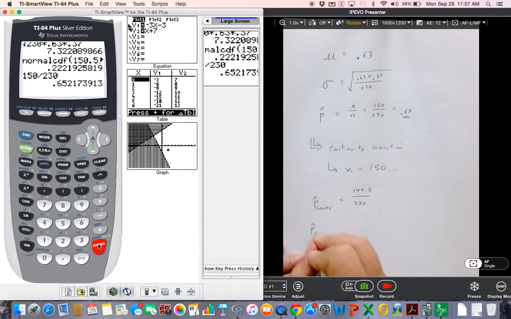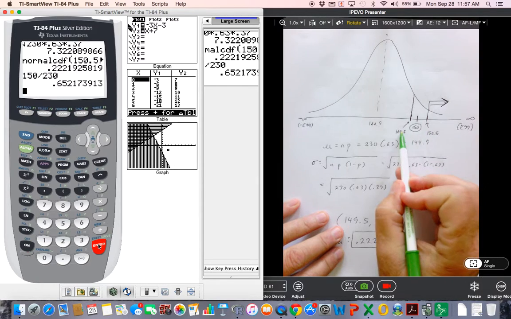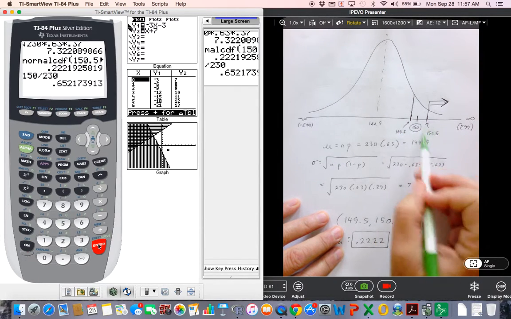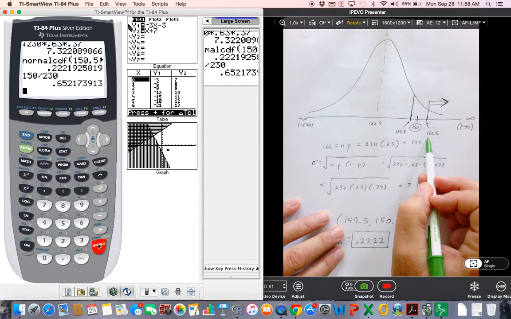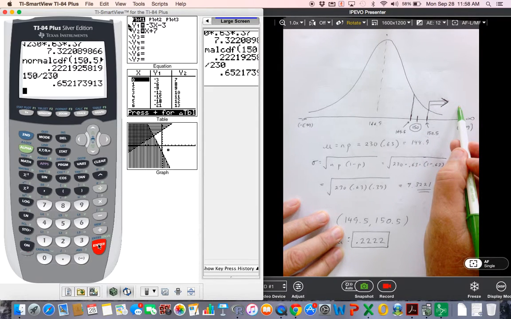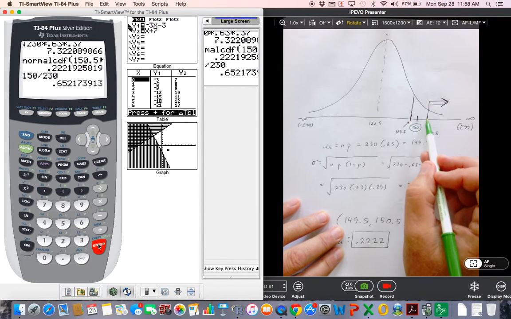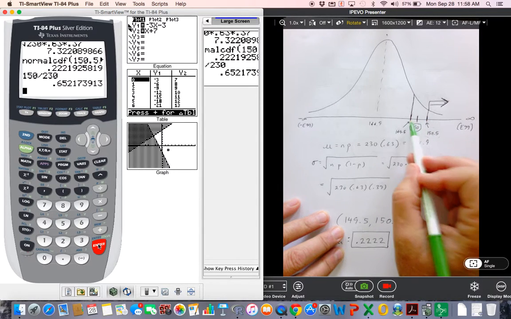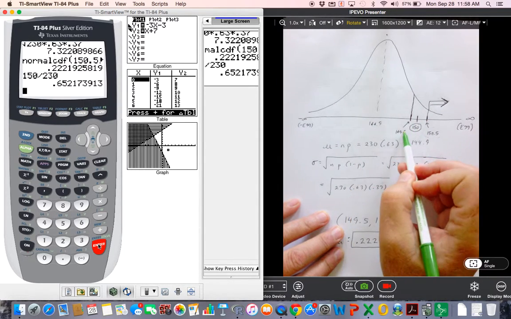And we have a p hat higher, which adds the 0.5 as we talked about earlier, out of the 230. Now, for the same logic that we have right back here, we look at the interval, but this time we're looking at the count out of the whole. So we're going to use 150.5 out of 230 because we're looking at greater than. So if we're looking at greater than, we use the upper end of the continuity correction interval. If we're looking at less than, we look at the lower bound where we subtracted 0.5 of the continuity correction.